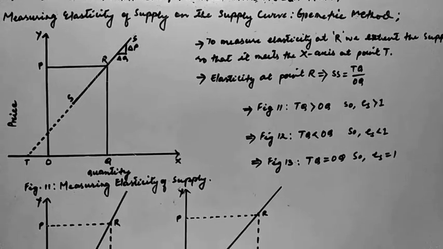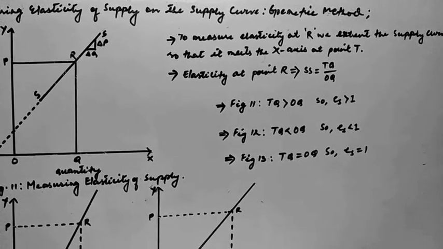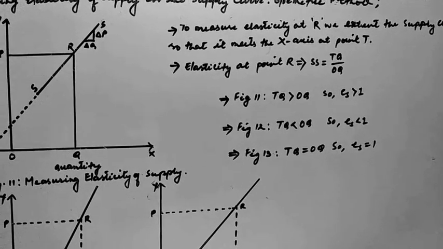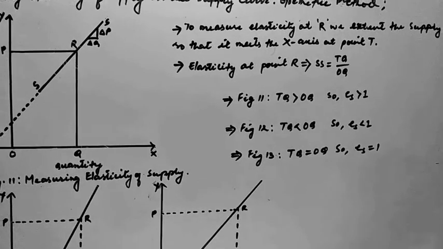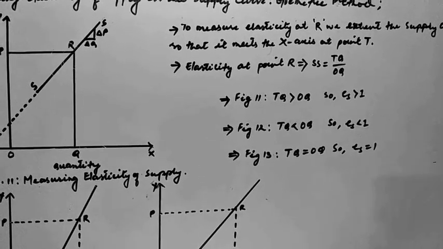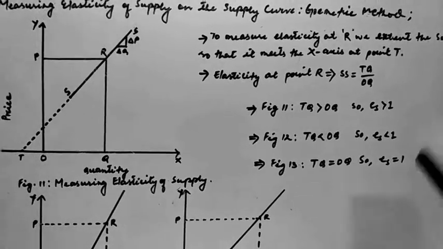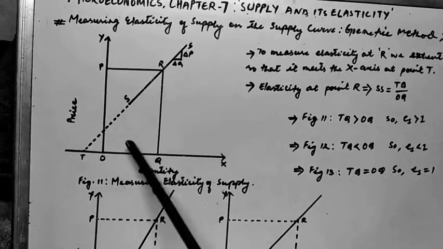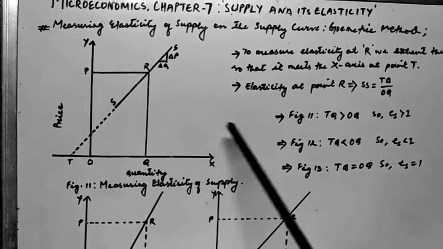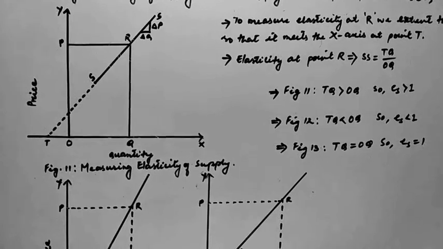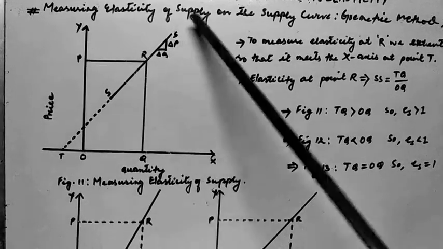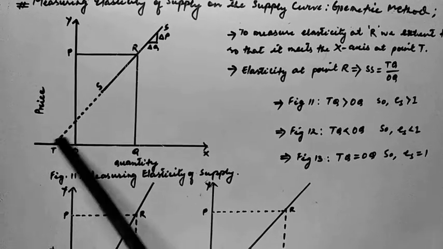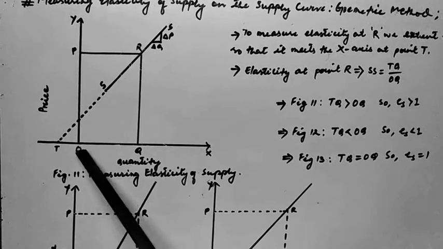As we have discussed in the previous chapter about elasticity of demand, there is elasticity greater than 1, elasticity less than 1, or unitary elasticity. The same thing is also there when it comes to elasticity of supply. So let us consider figure 11. When the supply curve is extended towards the x-axis, what we see is TQ is greater than OQ.